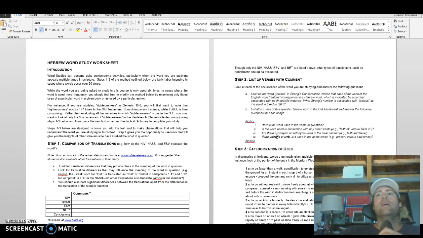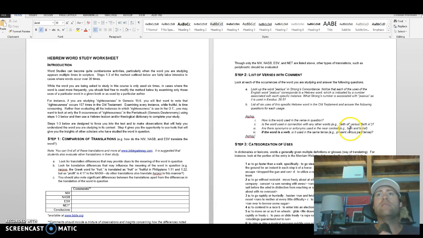Meaning, oftentimes if it says something like your faith and belief in Jesus, because it has a similar word, it's helping to build what the author is trying to communicate. That helps with the interpretive process of the word in question when you have another word to help expand on what the author is saying. If the word is a verb, go, leave.